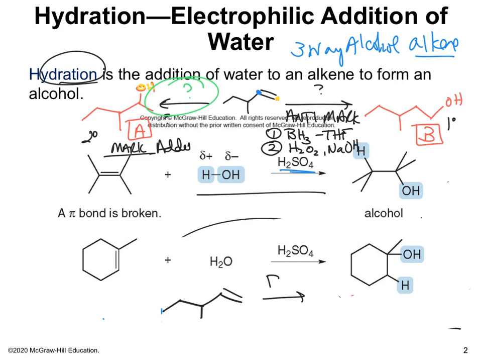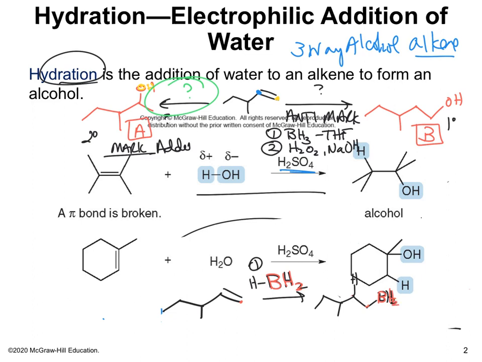Okay, so remember we said BH3. The first compound you're going to make, the BH2 goes on the least substituted carbon, and the H is going to go here.